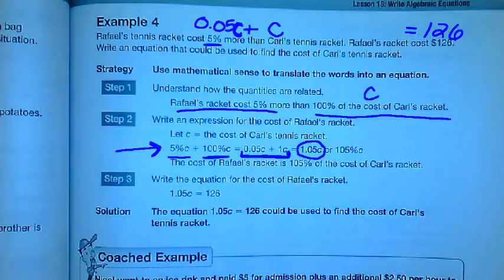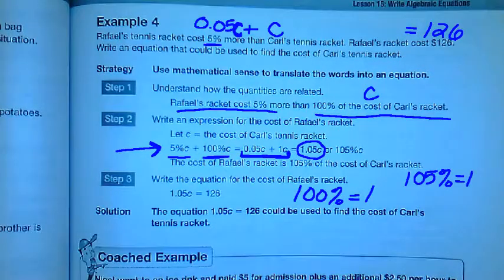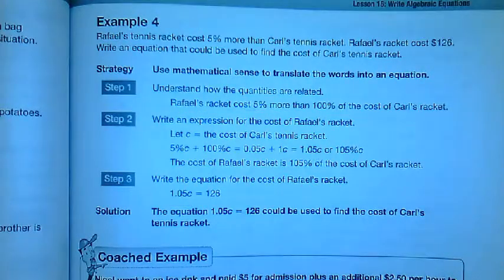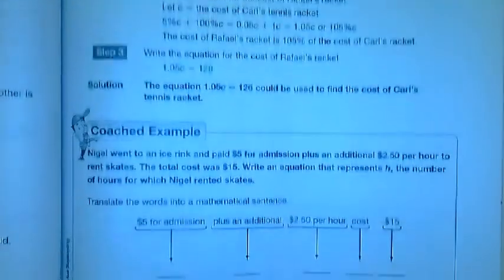This makes sense because 100% is equal to 1, and 5% more would be 105%, which is equal to 1.05. That is why that is our final answer, and then we set it equal to 126, which is the price.